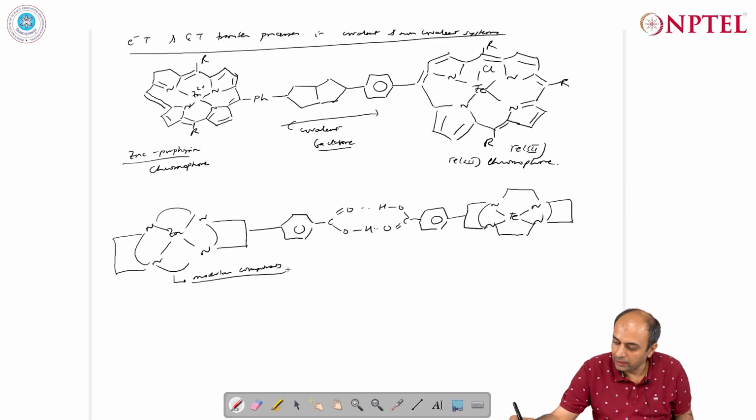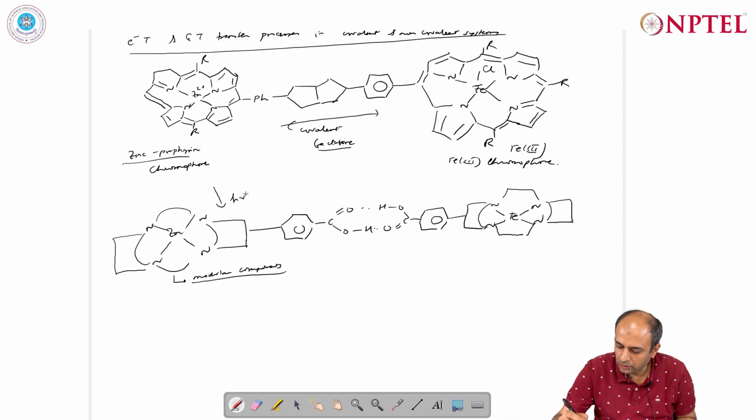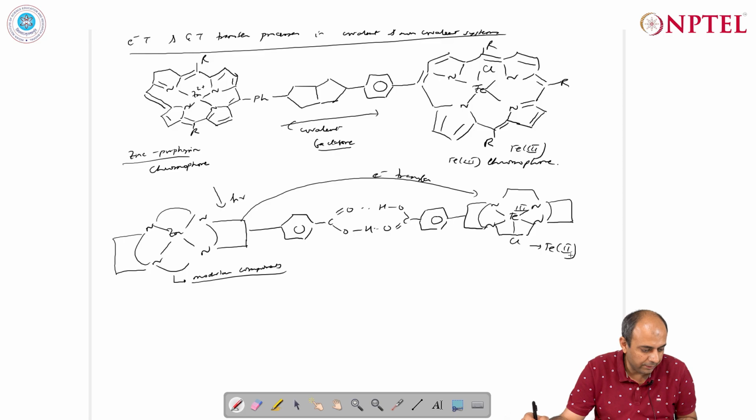The zinc 2 as well as the iron 3, and on photoexcitation, now when there is h nu and there is photoexcitation, there is electron transfer to the iron 3 center, which leads to the formation of the iron 2 center.